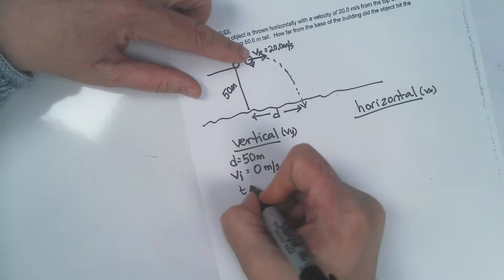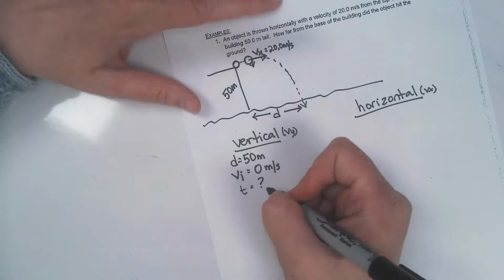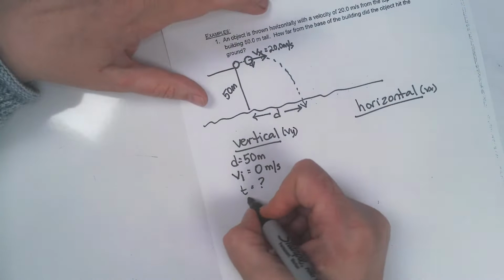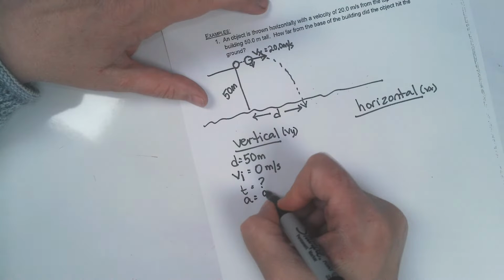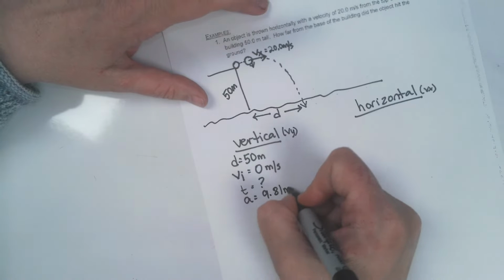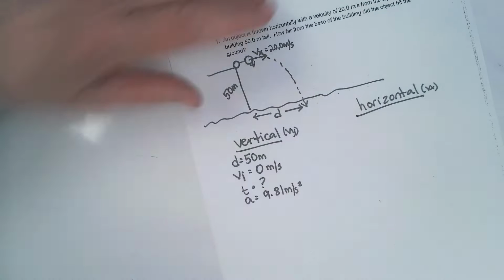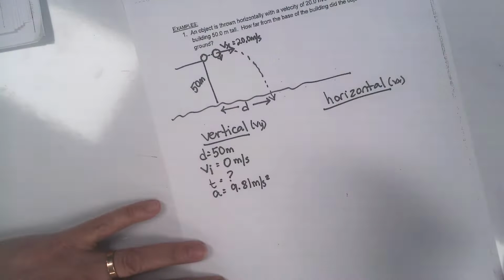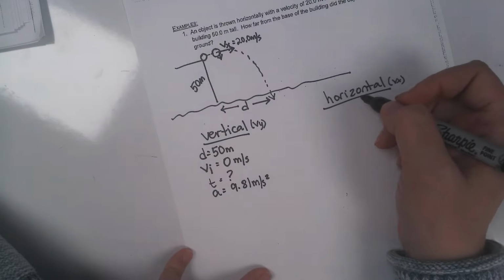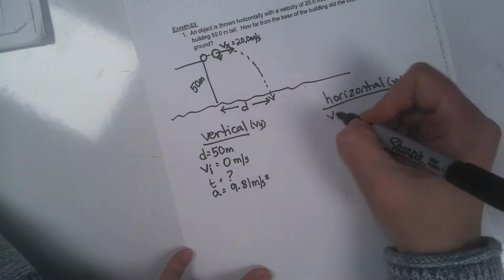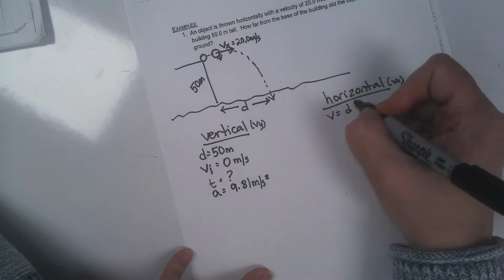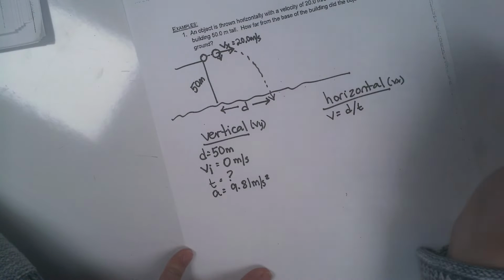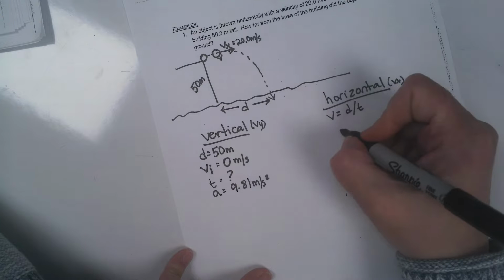The time, we don't know. And the unspoken piece that's at play is acceleration. Now, I wrote an A. We learned it as a G. They're interchangeable. In the horizontal, we know that velocity is equal to distance over time, always, always, okay?